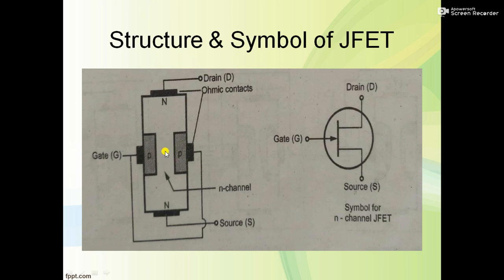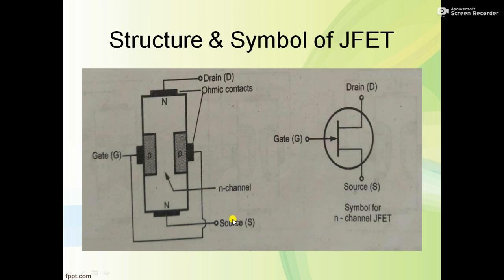The thin region between these two P gates, these two P-type materials, is called the N channel. So based on the particular channel, this JFET is classified into N channel JFET and P channel JFET.